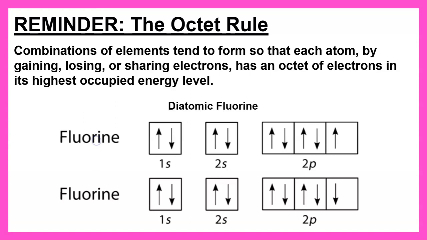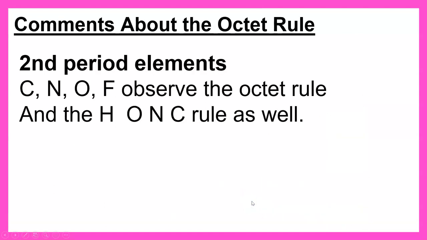If you notice, they each have 7 valence electrons. They're missing one here, so when they bond and they share, they each end up feeling satisfied, right? Remember that our carbon, nitrogen, oxygen, and fluorine really want to satisfy that octet rule. They play by the rules very often.